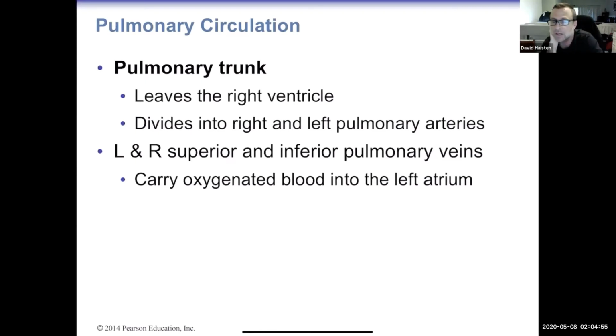So for your lungs, the pulmonary circuit is sending blood out to pick up oxygen. However, the tissues of your lungs themselves need a blood supply. So blood is also sent to your lungs a different way. Blood is sent to your lungs from the systemic circuit to provide your lungs with nutrients.